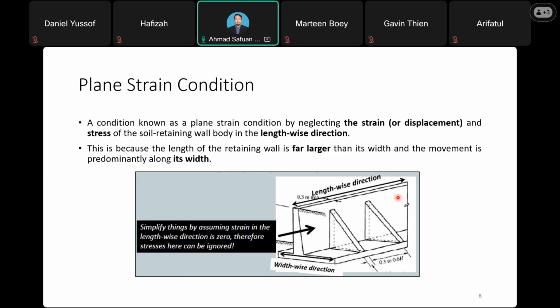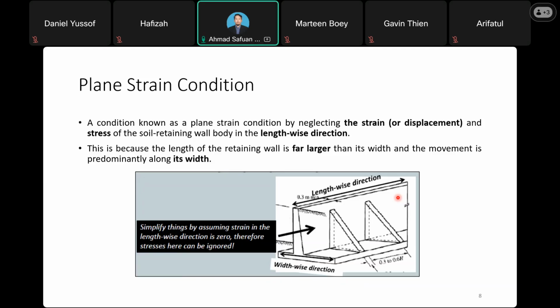Currently, there are lots of software or numerical tools used to analyze based on a three-dimensional view. So in that case, it is better to use these 3D numerical tools.